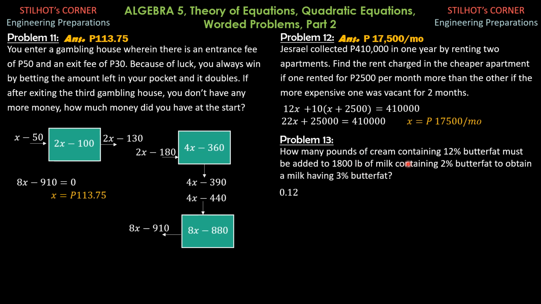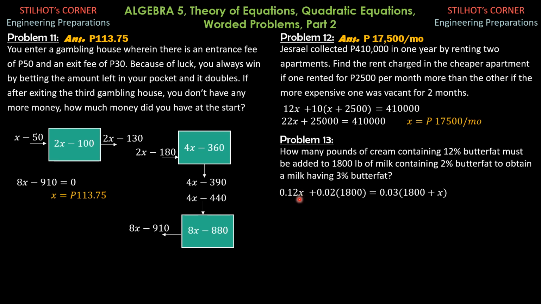So 0.12 times x plus 0.02 times 1,800 is equated to 0.03. The total amount is x plus 1,800, so equals 0.03 times quantity x plus 1,800.